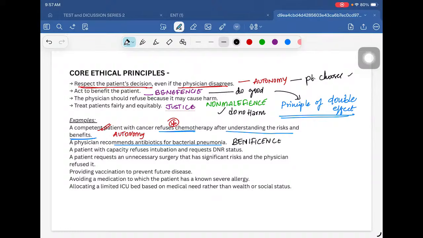Good. Patient with capacity refuses intubation and requests a DNR status. DNR means do not resuscitate.